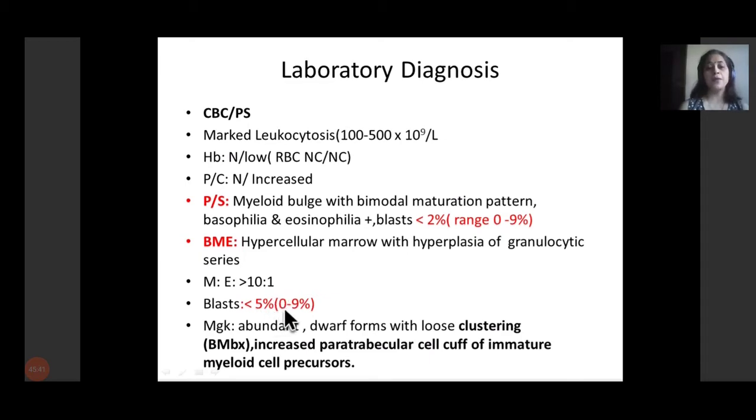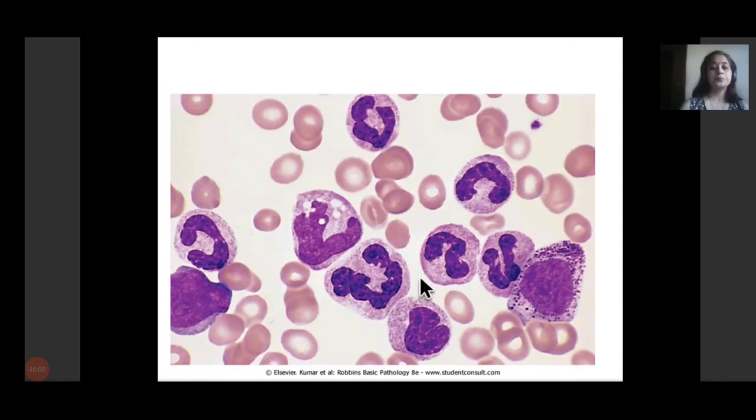Blasts are less than 10% in the marrow, and megakaryocytes are abundant. Biopsy shows paratrabecular cuffing of immature myeloid precursors, and megakaryocytes with loops, clustering, and dwarf forms in the interstitium, at times away from the sinusoids.